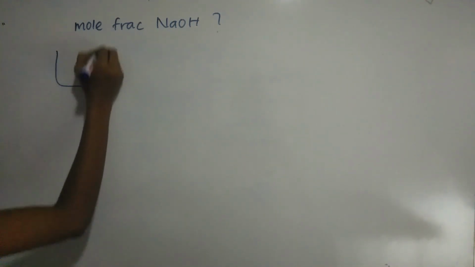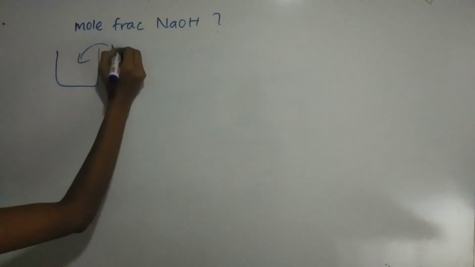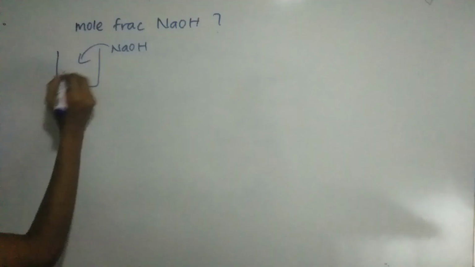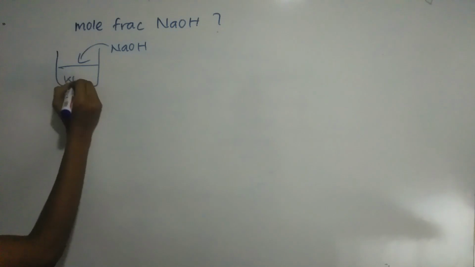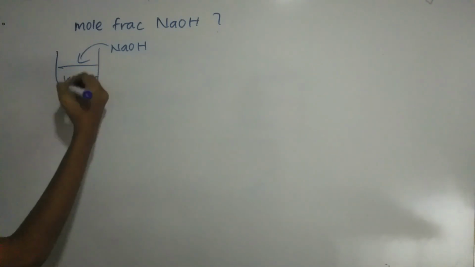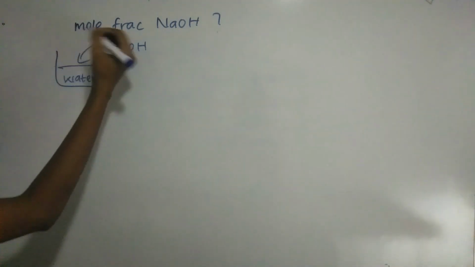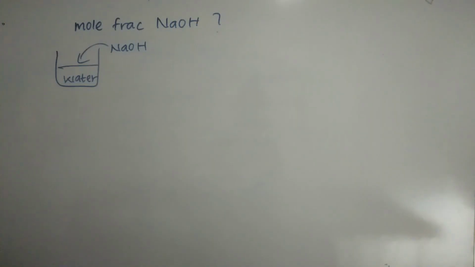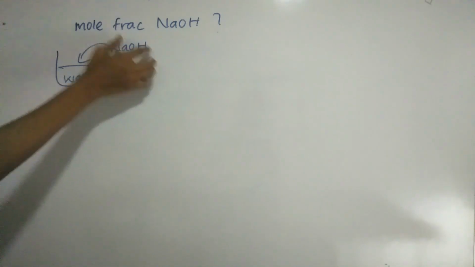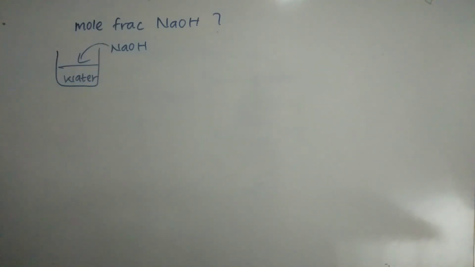Here this solution is made by mixing sodium hydroxide and water. They haven't given us the moles of water. They haven't given us the moles of sodium hydroxide. But they have given us the mass of sodium hydroxide and the mass of water.